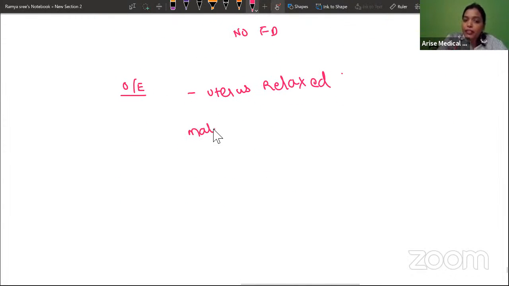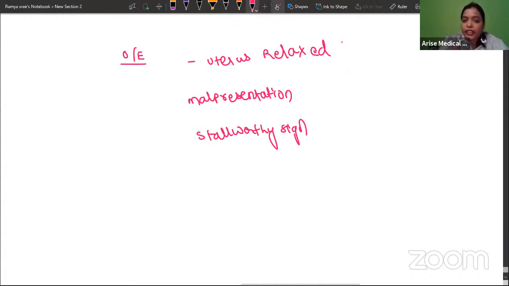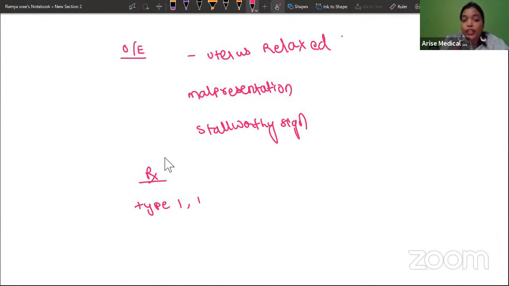And you'll have malpresentations. And you have something called the Stallworthy sign. On pushing the presenting part, there will be decrease in the fetal heart rate. Treatment is, if you have type 1 or if they come to you with some bleeding before 37 weeks, you don't want to deliver her.